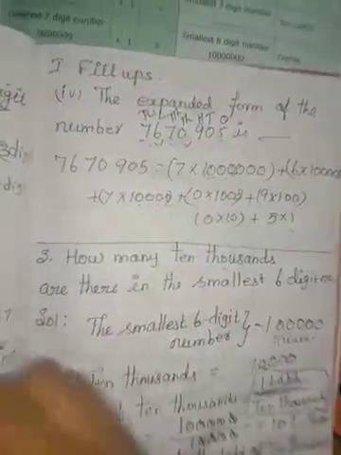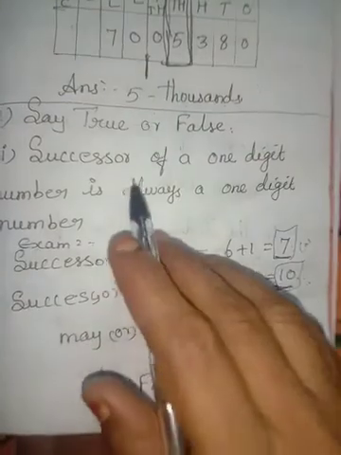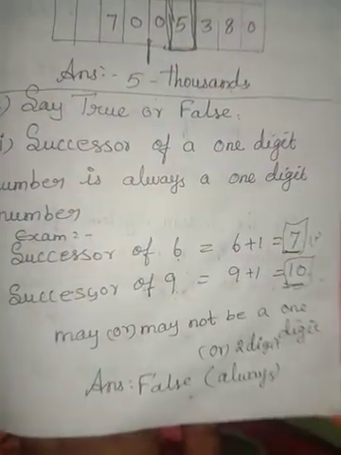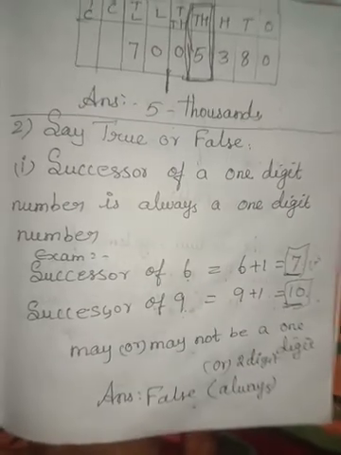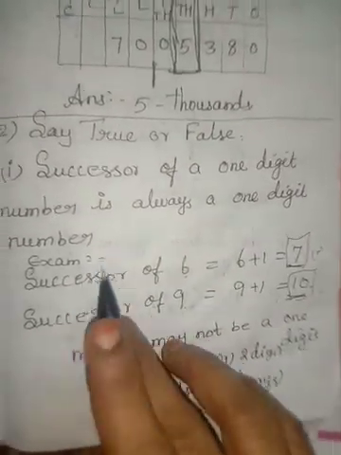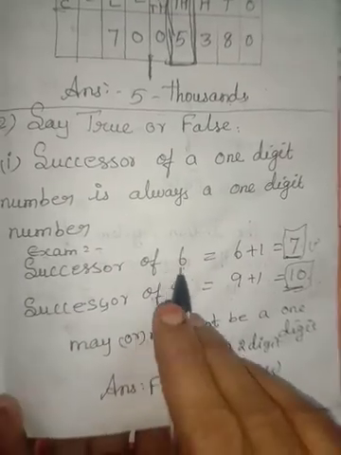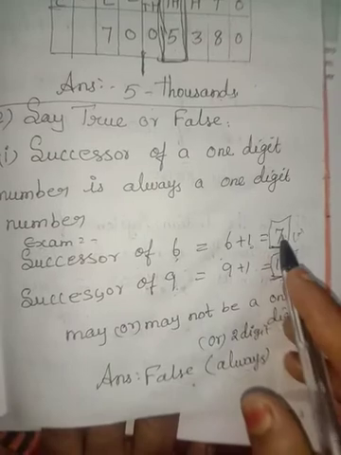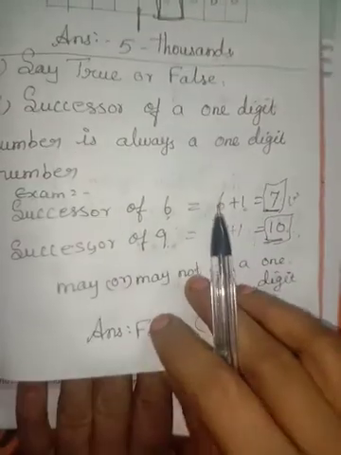Okay. Then coming to true or false. The successor of a one digit number is always a one digit number. Successor means when one is added to a number, we get the successor. So here I explain through an example. I take 6. The successor of 6 is 6 plus 1 is equal to 7. I take another example, 9.